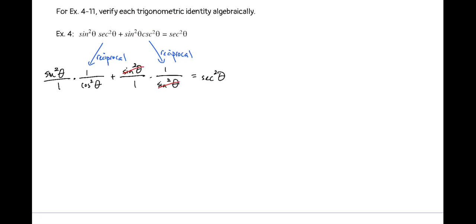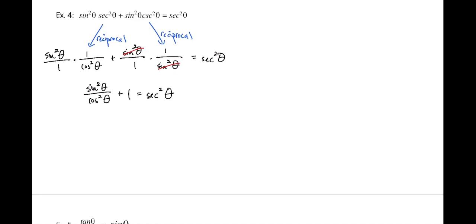And over here, we could do sine squared theta over cosine squared theta plus 1 equals secant squared theta. So if we write in what we did with some algebra, what can we do from here?